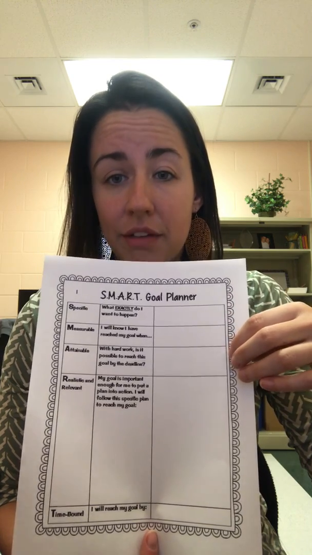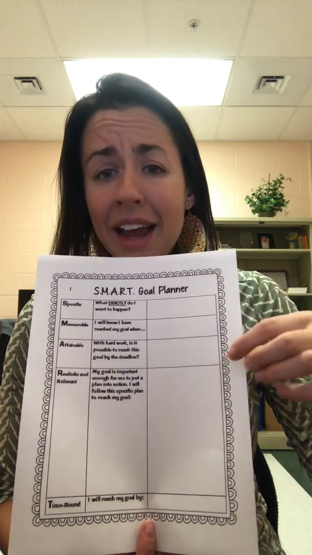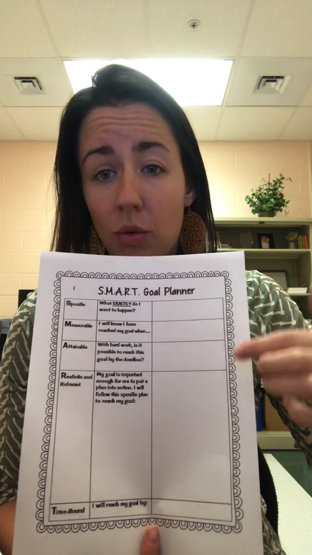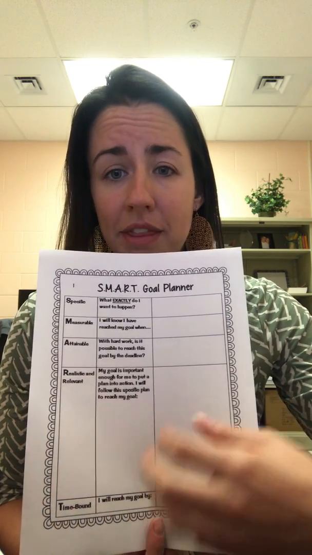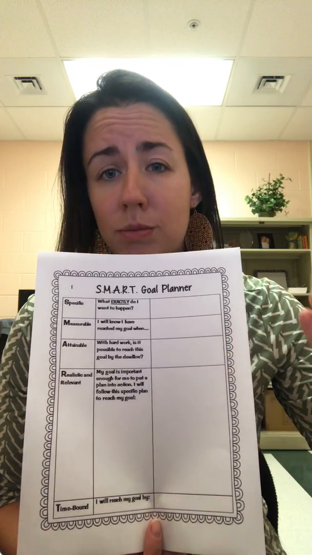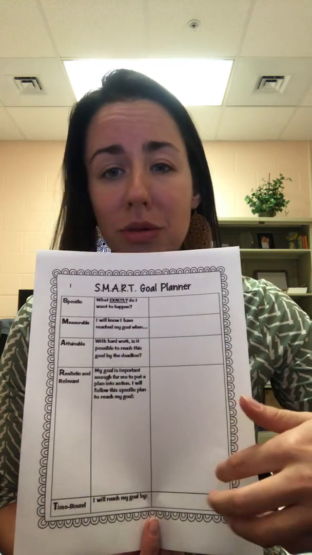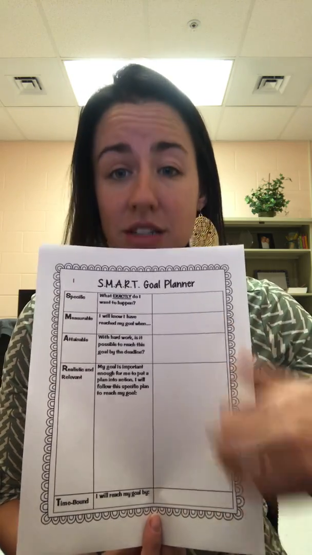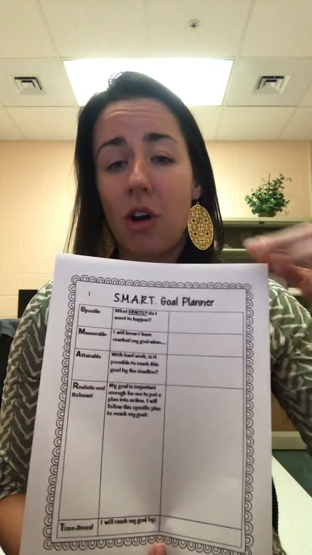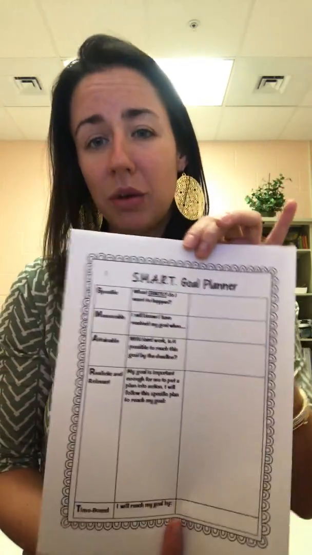And this is great for any students that can read or at least understand the acronym of SMART. And then for their goals, they could even draw pictures. For the time, they could draw a clock with the time on it or a picture of the calendar with the date being circled or starred. However, you could do it a couple different ways.